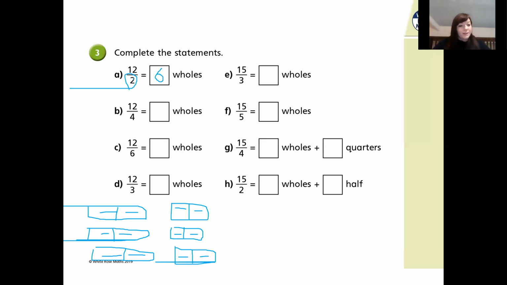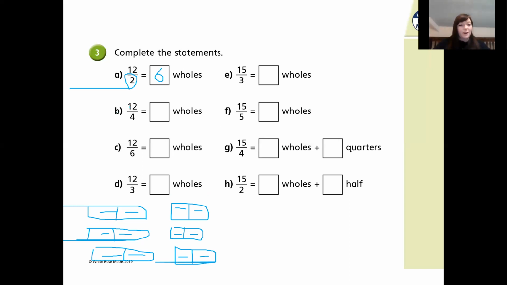Good, it's because 12 can be divided by 2, and that will tell you how many wholes there are. So 12 goes very nicely into halves. So I could do the same for all of these questions.